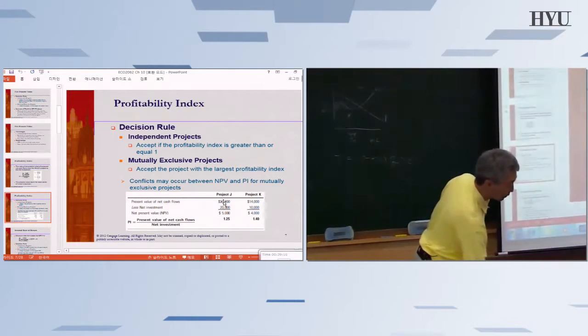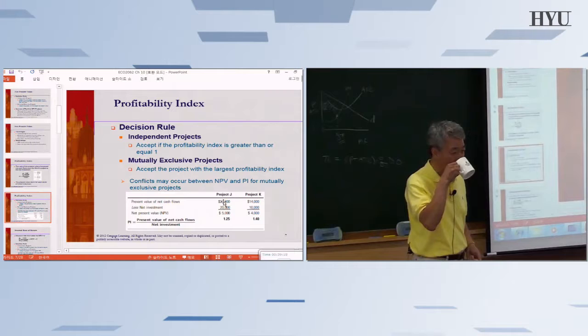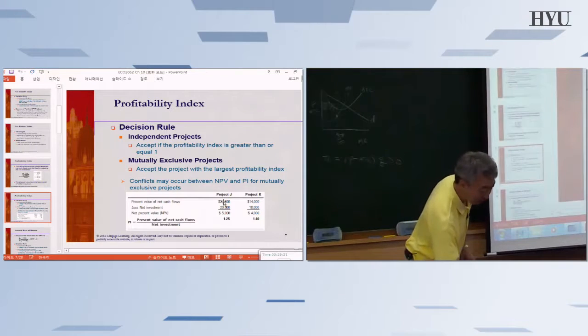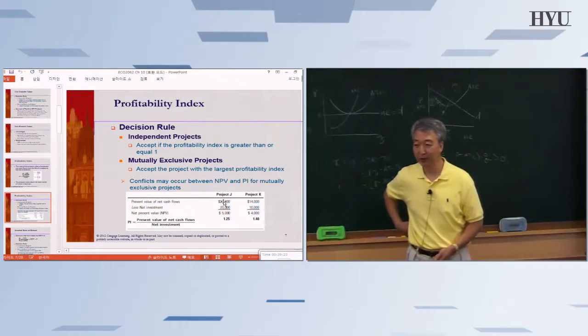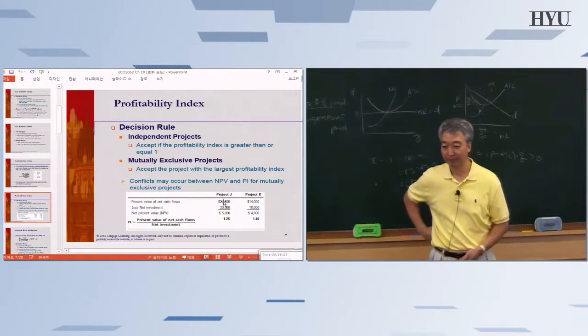Why do you accept if it's equal to 0? If net present value was equal to 0, that means you're not gaining anything, right? But 0 is nothing, isn't it?